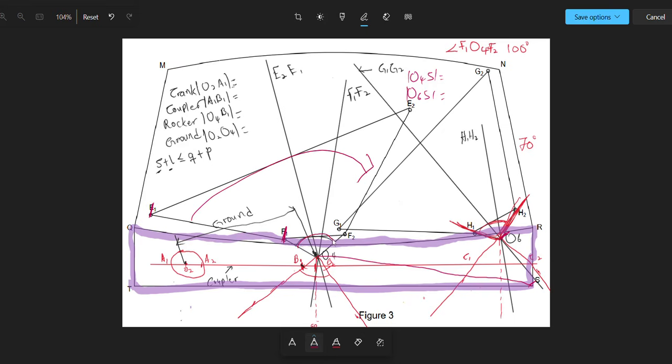So you measure this angle, that's the angle EF, as well as the angle from G. The angle G1 is going to complete till we get to G2. So you measure this angle as well. But don't measure the angle from here. Measure it from the pivot, O4. You measure this small angle over here, and then you measure this angle over here. And that's all for this assignment.